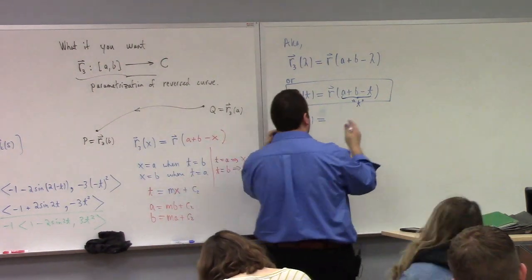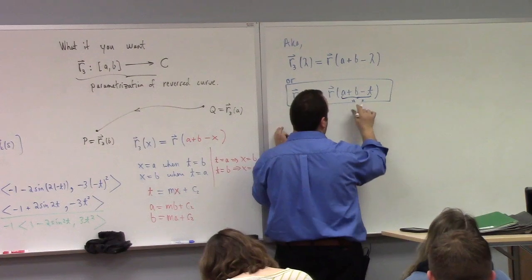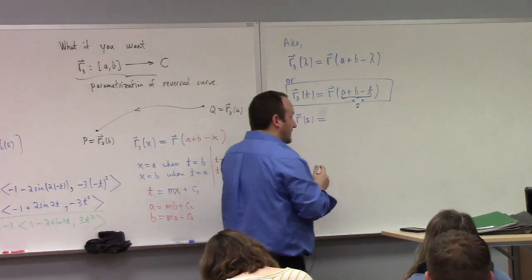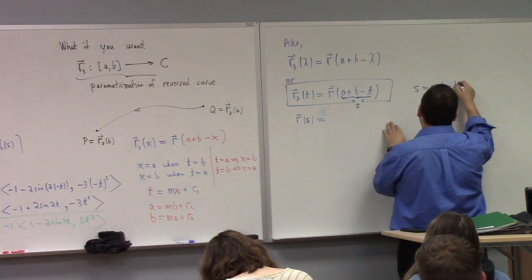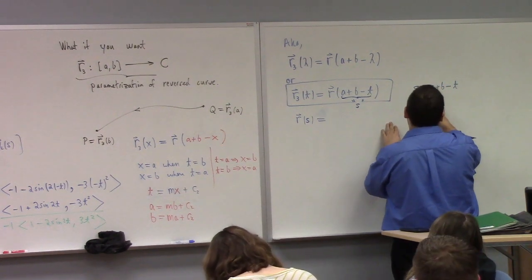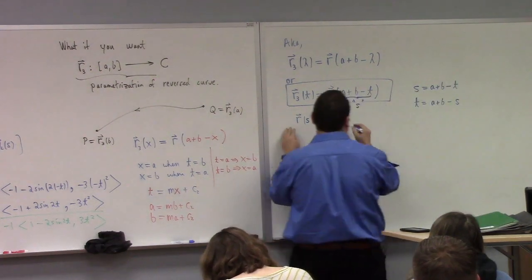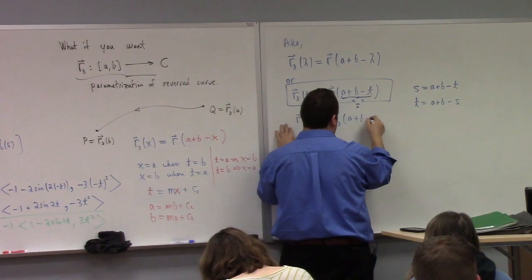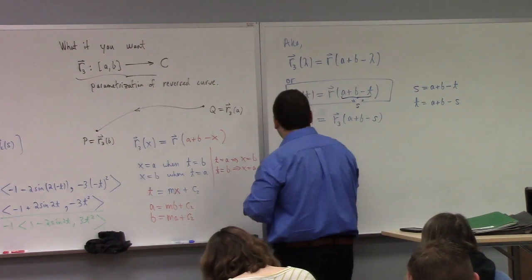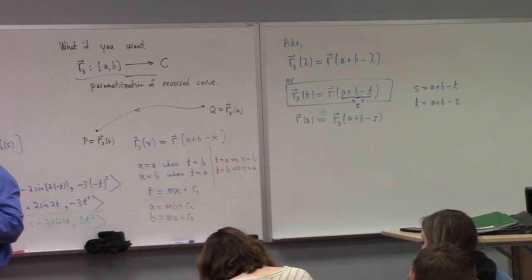Perhaps it's helpful to say that this is, let's say S instead of T. So if this is S, can you solve that for T? So R of S is apparently R3 of A plus B minus S. But that's true for S between A and B.